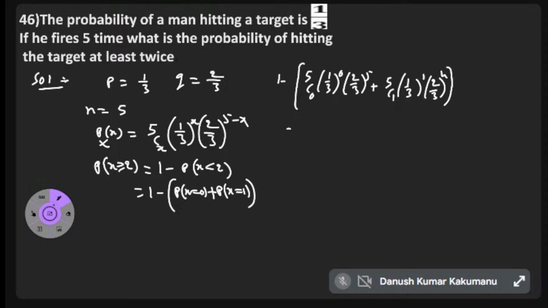Like this. Simplify. 1 minus, 5C0 is 1, so 2 power 5 by 3 power 5. 5C1 is 5, so 2 power 4 by 3 power 5. Simplify this. What is the answer we are going to get?